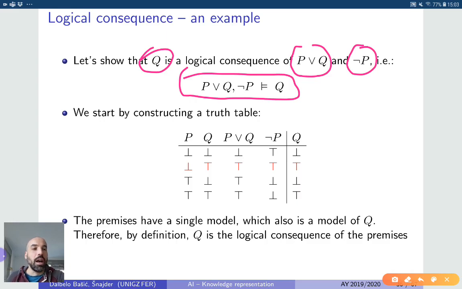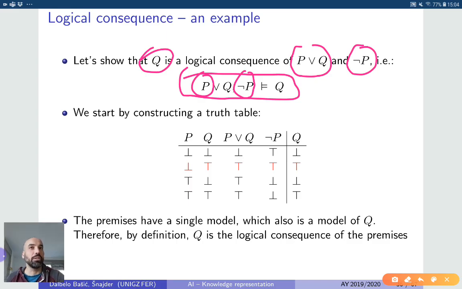Imagine that I'm basically saying today is April. Well, or maybe no, the Earth is flat. Let's have P for the Earth is flat, Q for today is April. And then you learn that the Earth is not flat, and then you'd like to conclude that today is April.